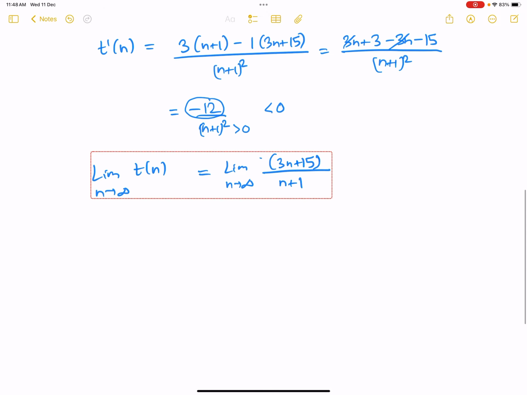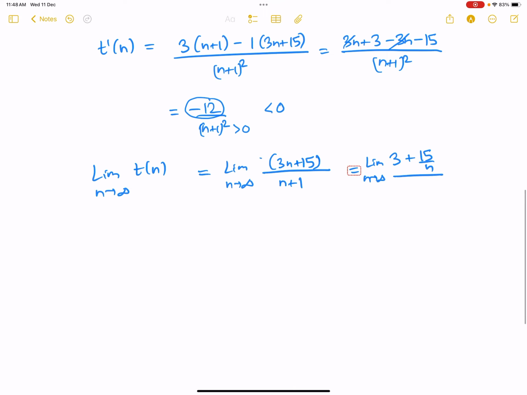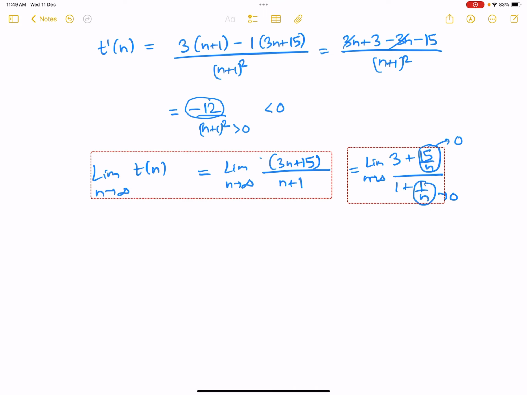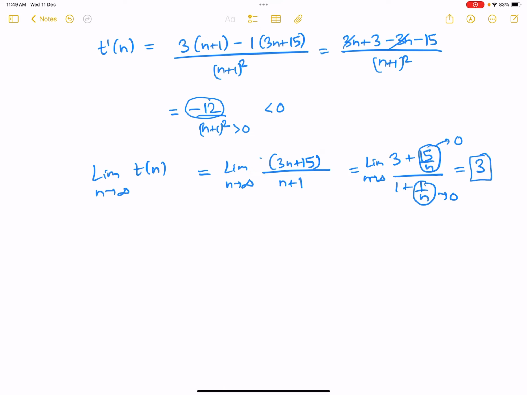This can be written as limit n tends to infinity of (3 plus 15 by n) upon (1 plus 1 by n). As n tends to infinity, this term tends towards 0, this term tends towards 0, so the whole term tends towards 3. So if the number of trials keeps on increasing, on average it will take him 3 minutes to complete the maze.